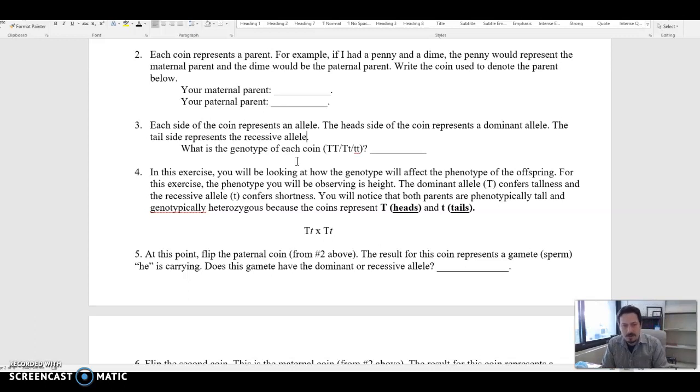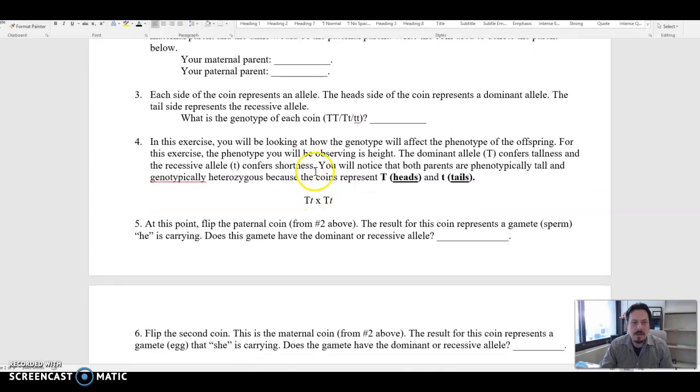So for our example, the head here is going to represent big T, and the tail side is going to represent small t. Same thing with this coin, the dime. Heads equals big T, tails equals small t.